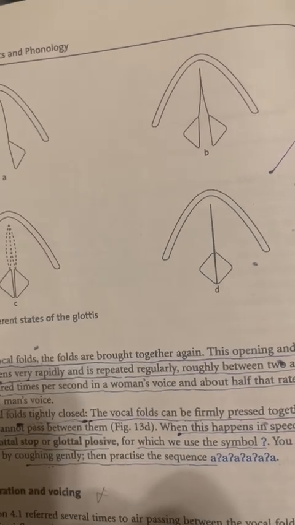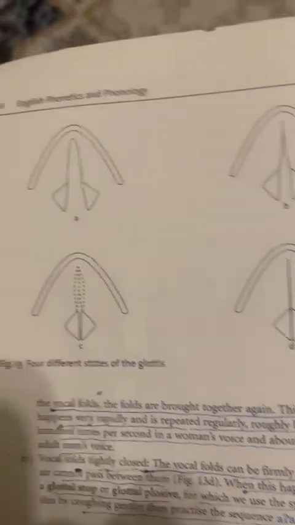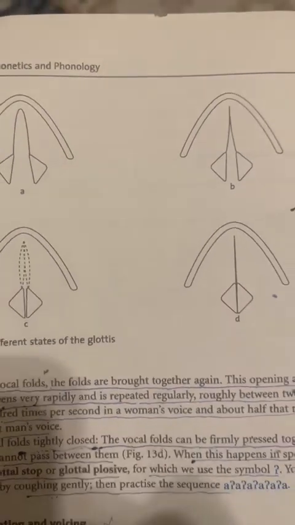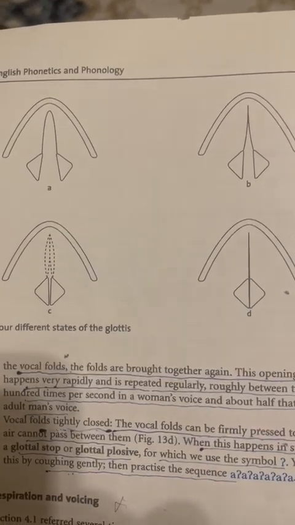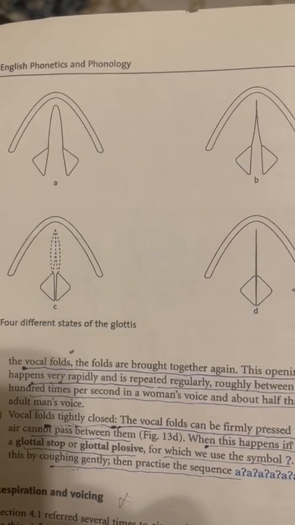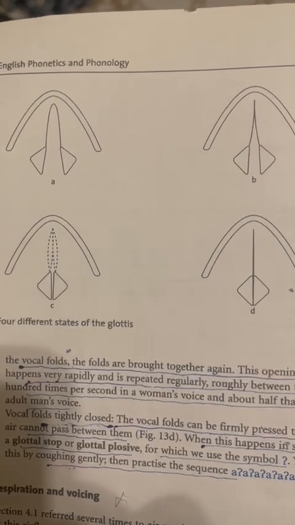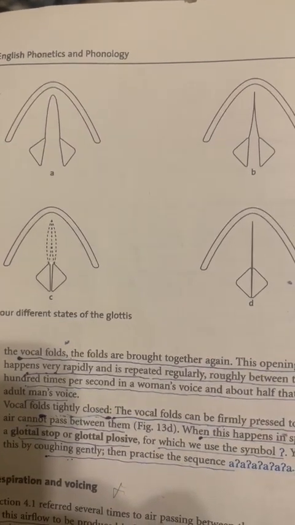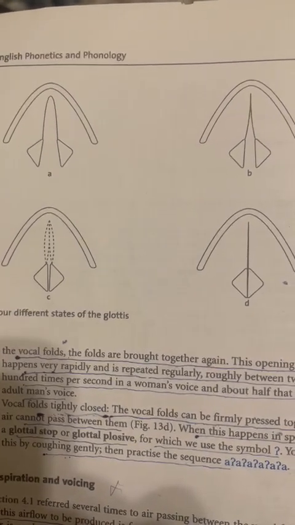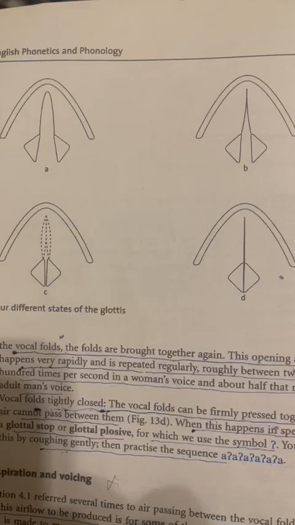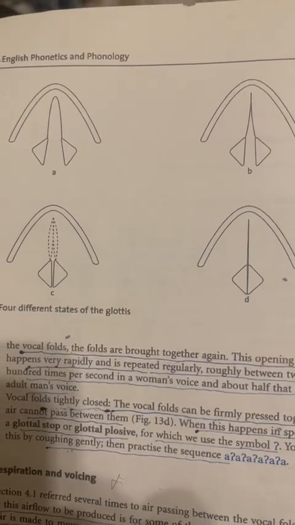It is called a glottal plosive. These are the states of the vocal folds when we are breathing, or whispering, or talking, or pronouncing a sound like the glottal stop.